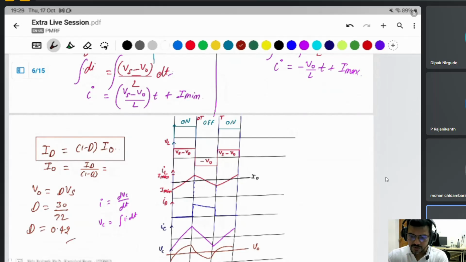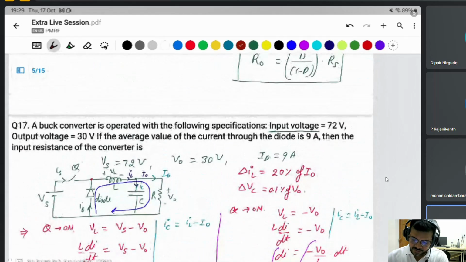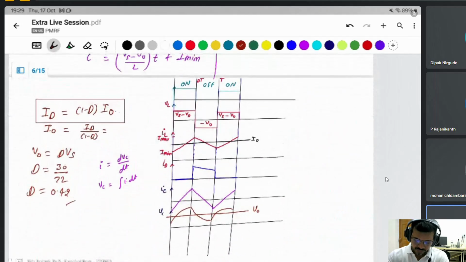ID is given as 9 ampere divided by 0.58, which is 15.54.